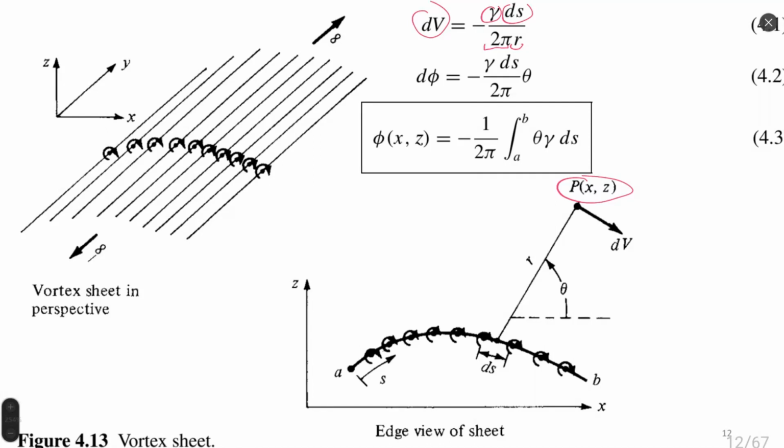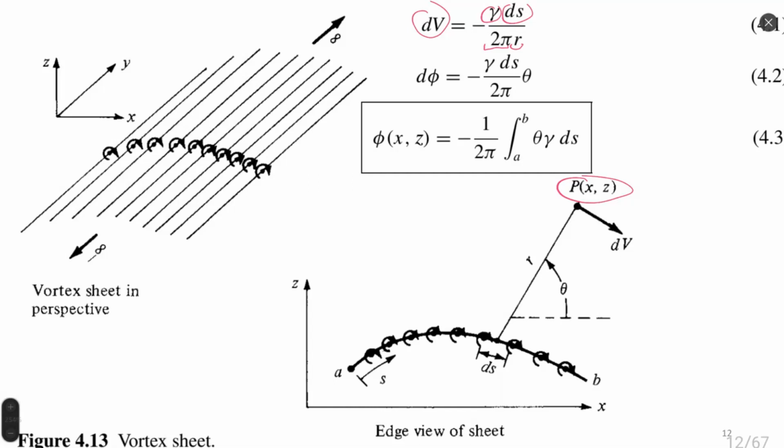Then when we integrate left and right sides, on the left side we will find the potential function differential, and on the right side we will find the integral value.